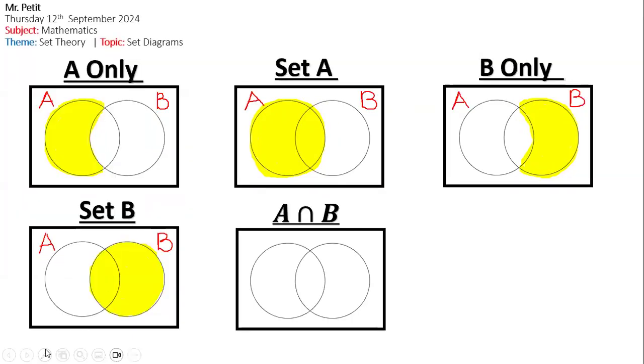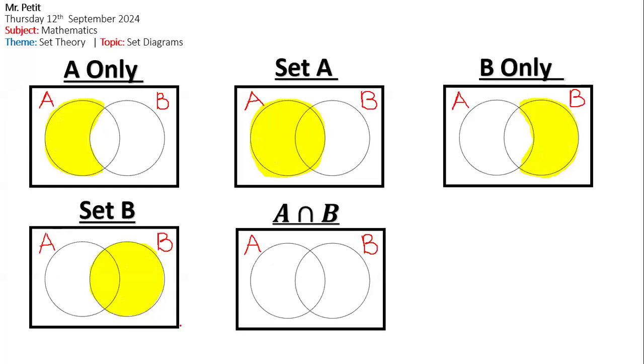All right. So we want A, and then what? B. The intersection is the one that's in the middle. That's the elements that the sets have in common, so that will be just the middle portion.